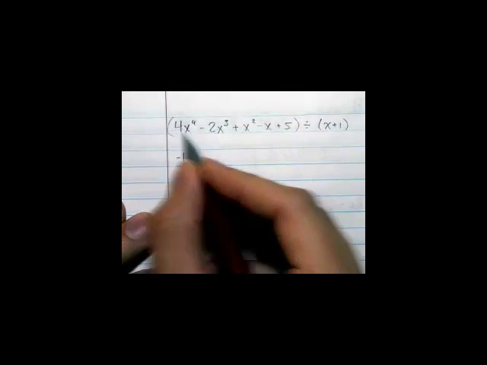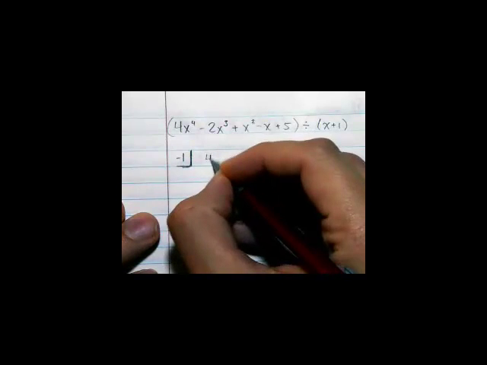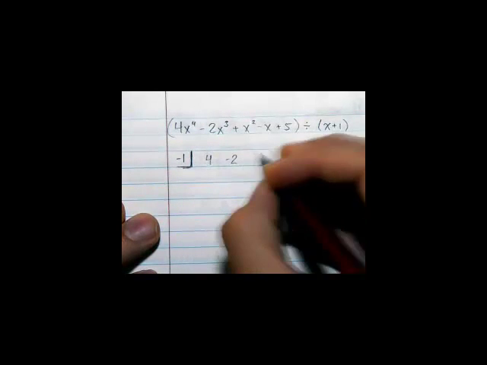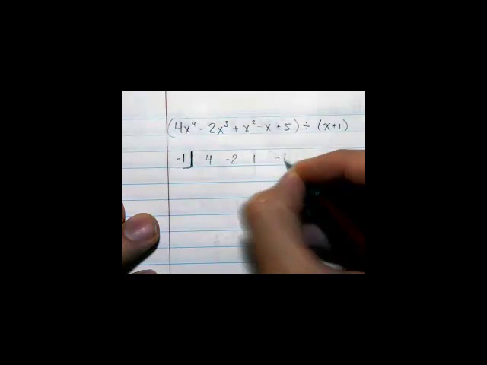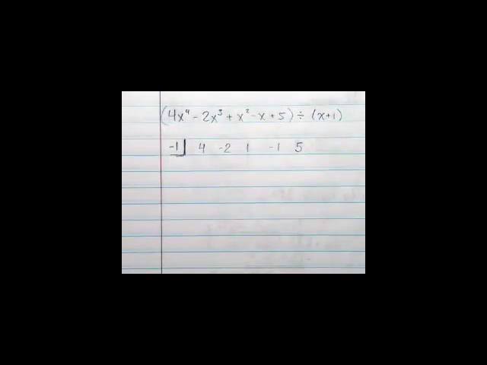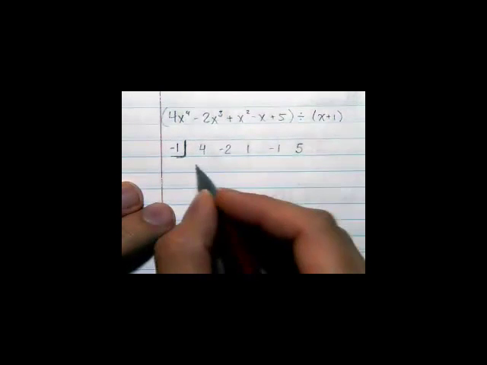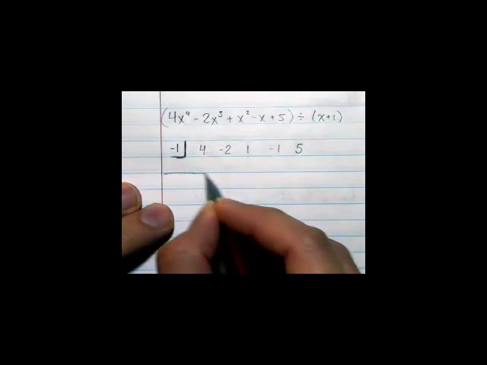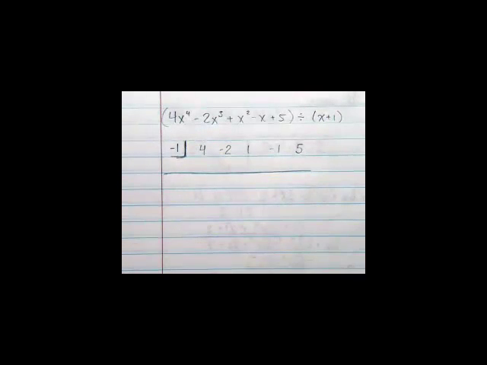So I'm going to take all of those off of there. So 4, negative 2, 1, negative 1, and 5. And we just write them straight across. And just make sure they're nice and spaced out. And then you're going to skip a line and then draw a line.